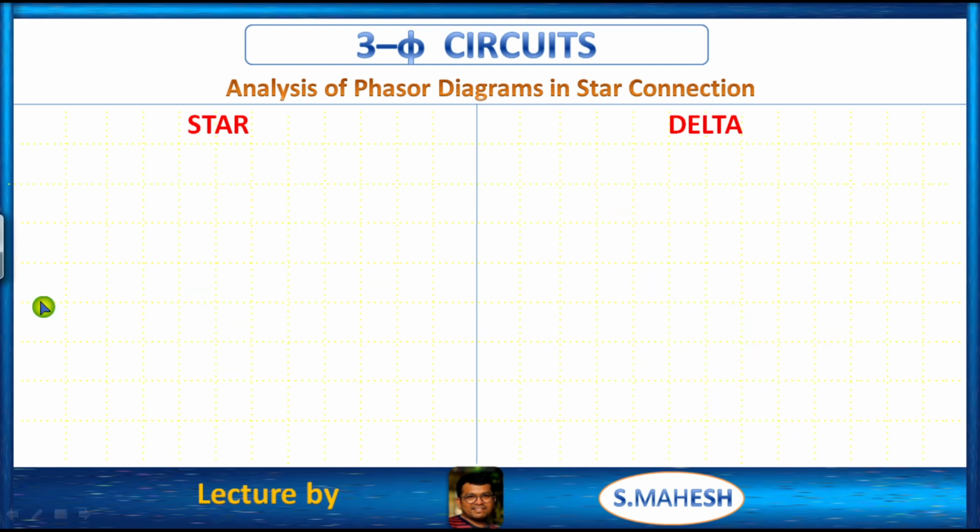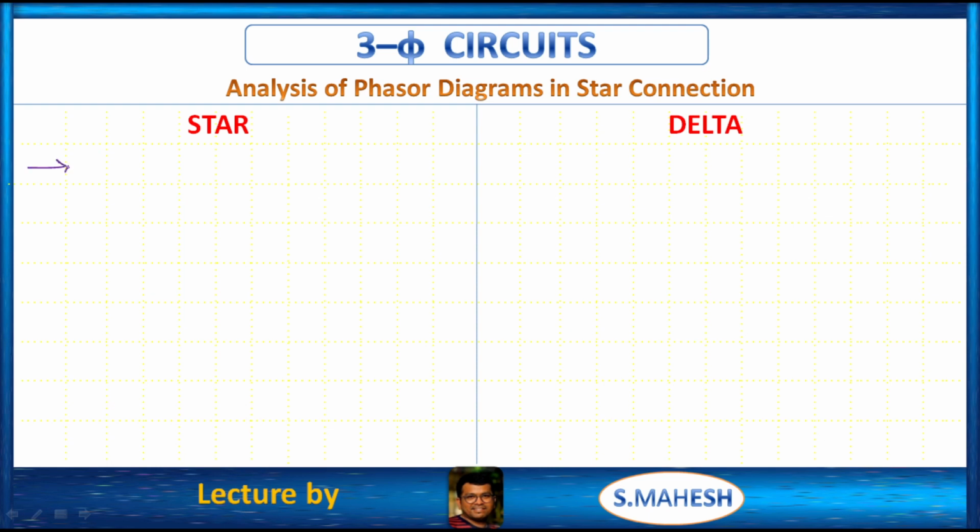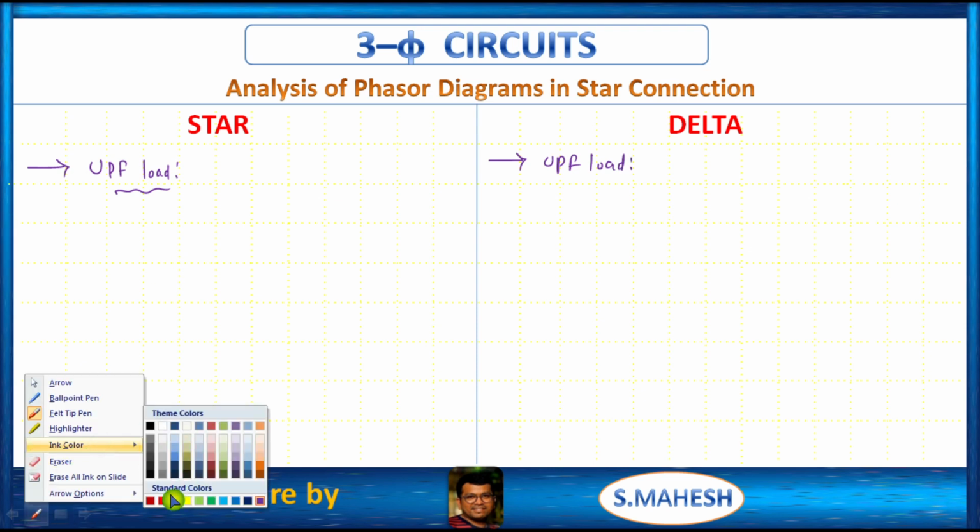Next we have to draw with respect to UPF load. You have clear cut knowledge about lagging load, therefore the remaining two load analyses are very easy. What is the common point here?